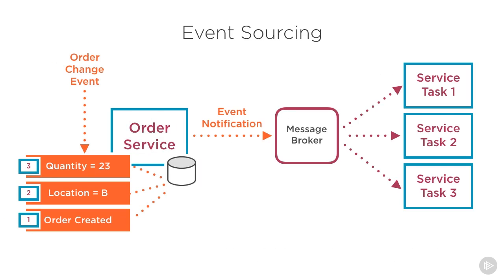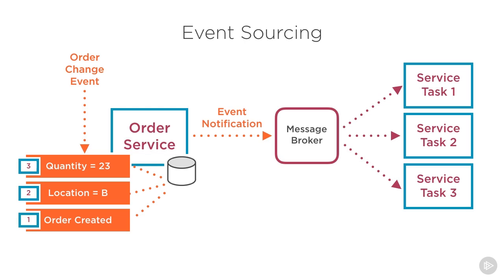So let's have a quick look at a visual diagram to see how event sourcing works alongside event-driven communication, where we're trying to share data in the form of event updates. On the left-hand side, you can see our order service is storing all changes related to an order as a series of events to the database.